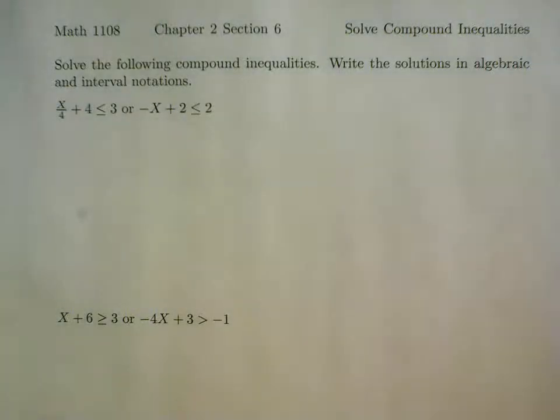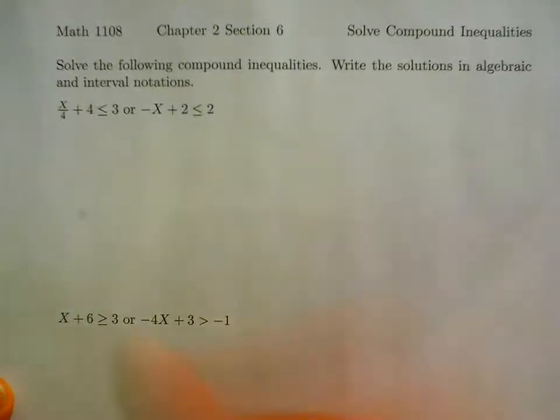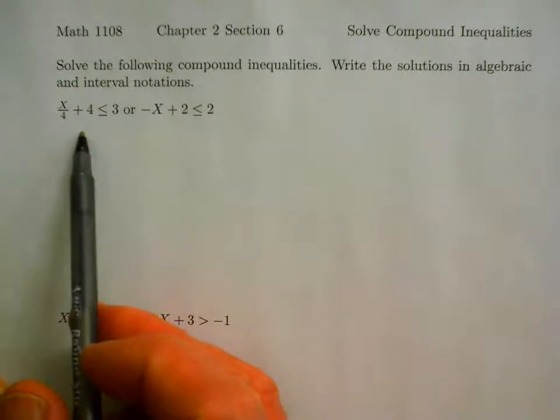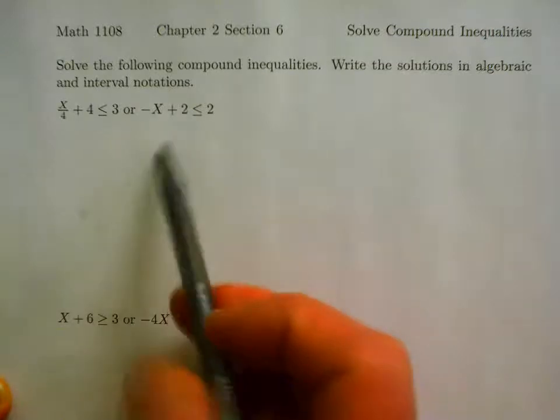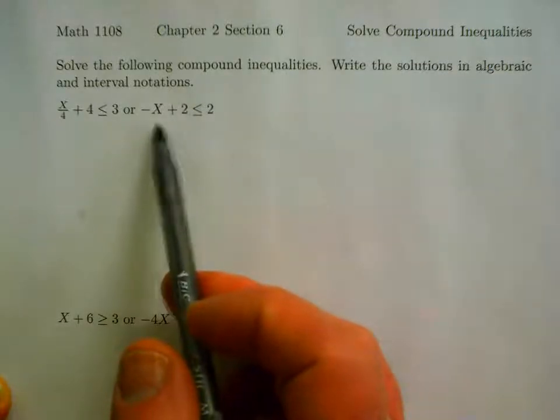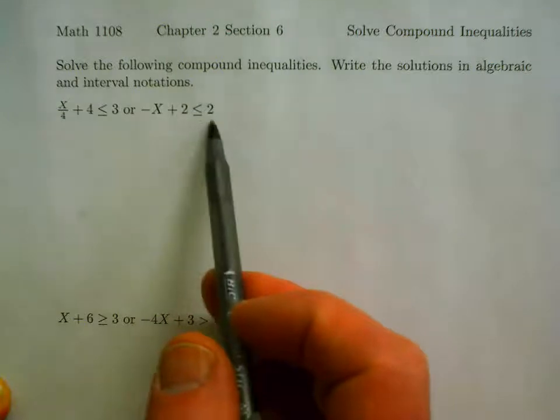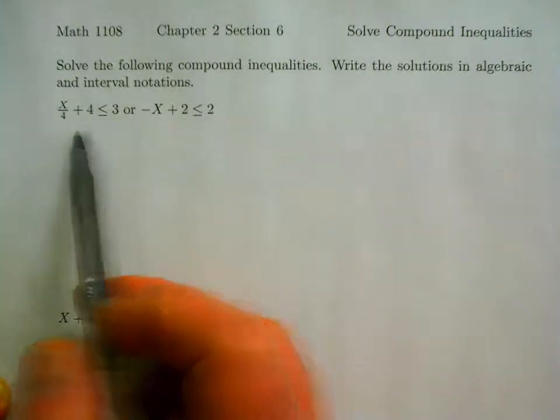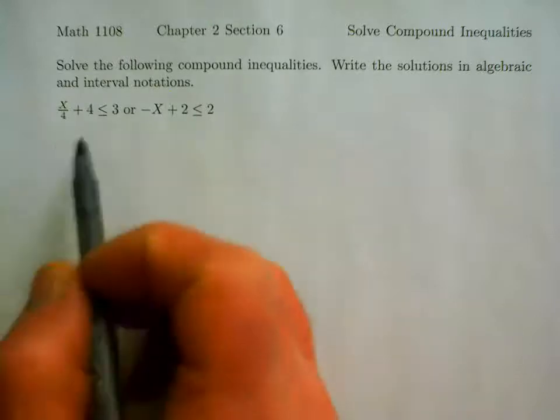So now we have to be careful with the algebra and the arithmetic. So let's begin with this one. X divided by 4 plus 4 is less than or equal to 3, or negative x plus 2 is less than or equal to 2. So solve each of those two inequalities for x.